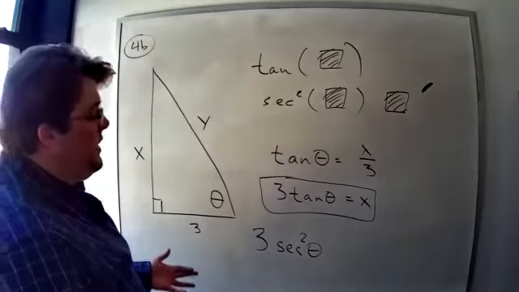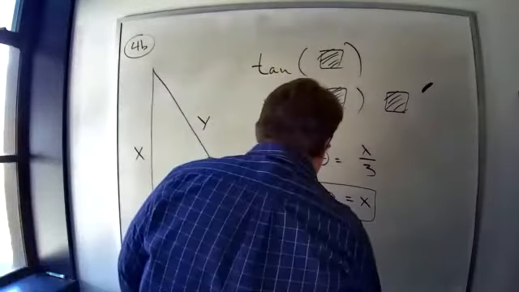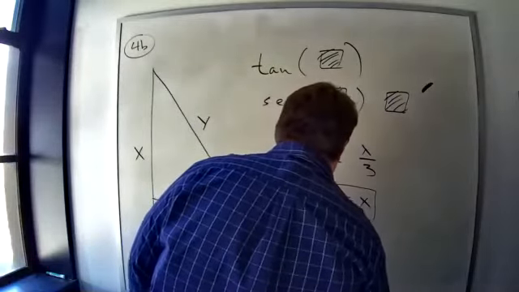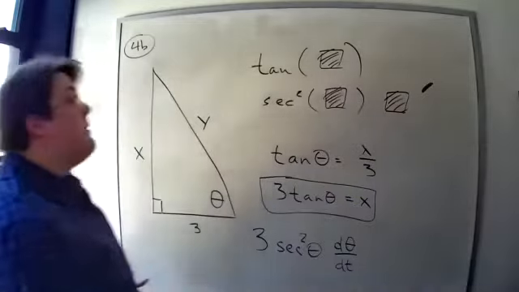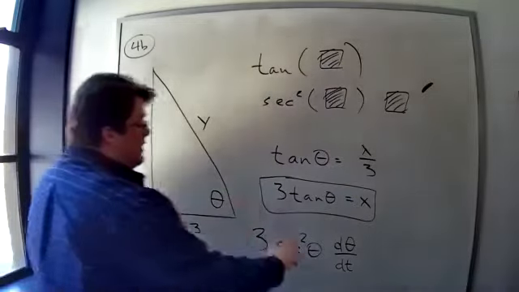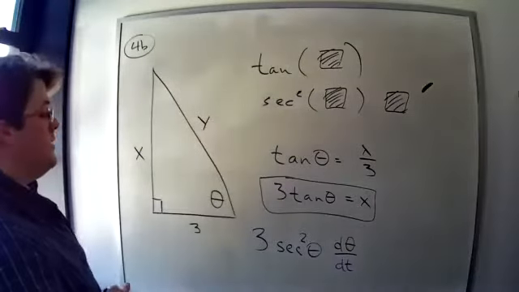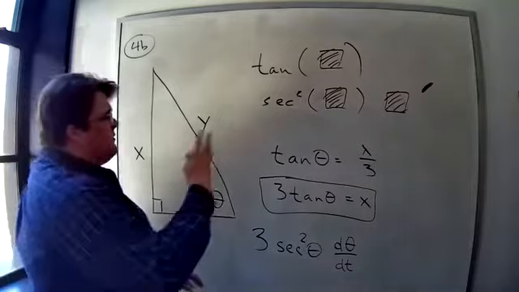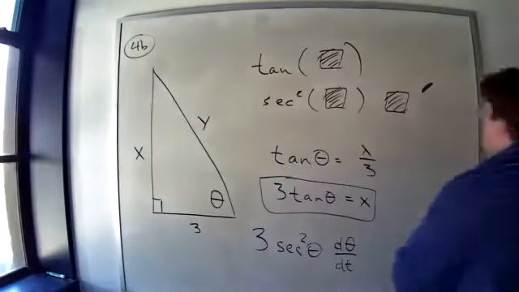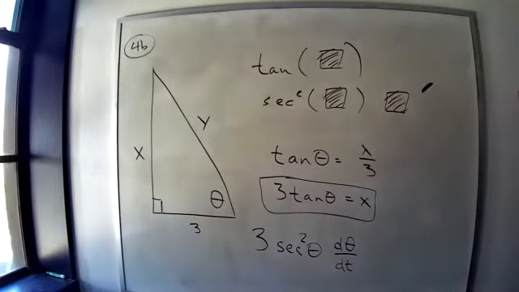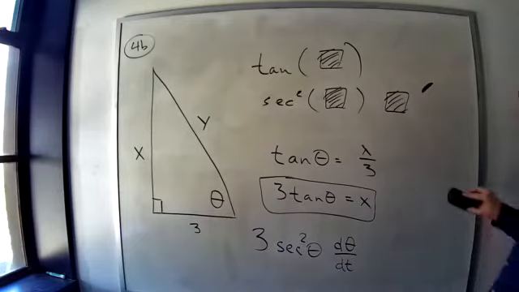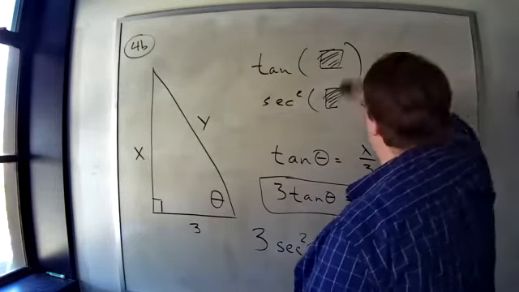So here we have a theta on the inside. We're going to have to multiply by the derivative of that theta with respect to time. So secant squared of theta times the derivative of theta. The derivative of tangent will always take that form. Any questions about the left side of that equation?